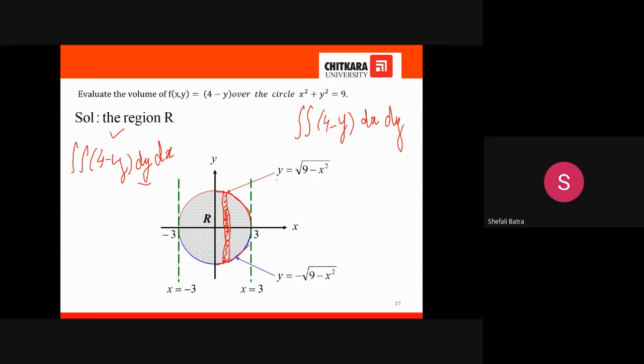But when we are talking about the y, I know that this is the equation of circle, and in general we write like this: x square plus y square is equal to 9. I need to make a vertical strip, so I'm making a vertical strip. When you are making a vertical strip, you need limit of y in terms of x. So you know that this is the equation of circle, and from here you will be writing y is equal to under root 9 minus x square with positive sign as well as negative sign.